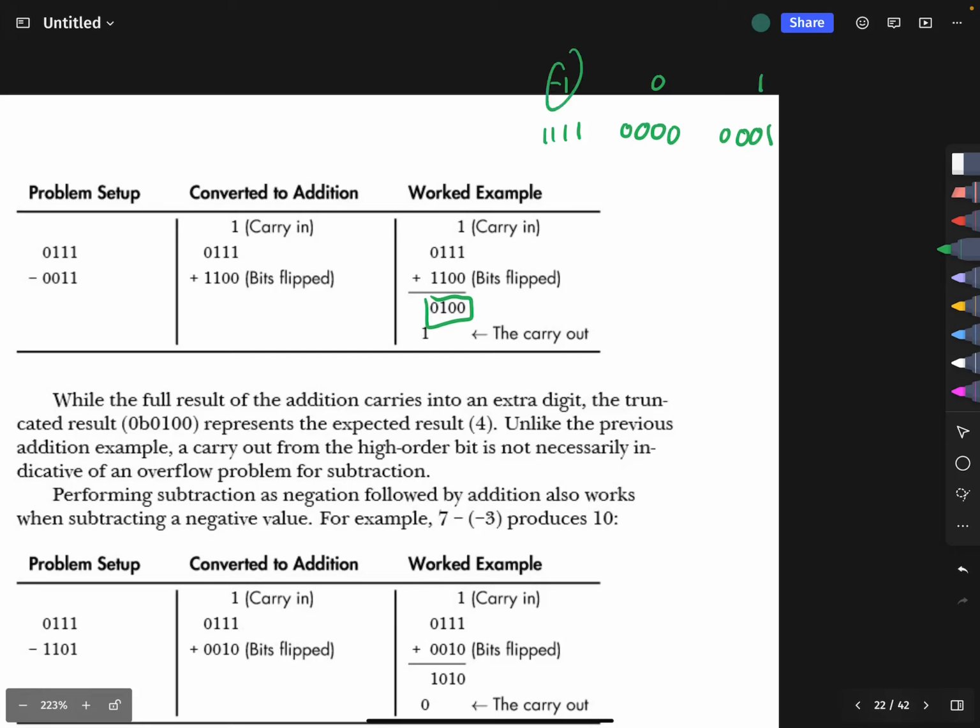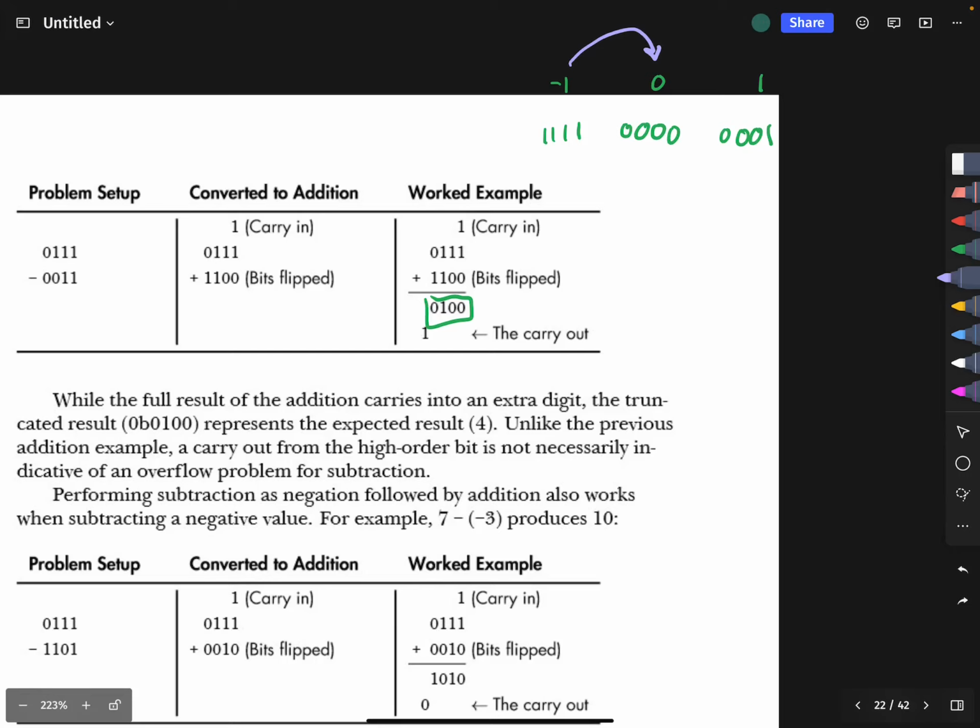The truncation is not intrinsically a problem because we are choosing to represent these numbers in a way that is not exactly how you might be used to the numbers being represented and behaving. So when you add 1 to negative 1, you get a 0 in every single place and then a carry out at the end, and that carry out simply gets truncated, resulting in 0, and that is in fact exactly the right result.